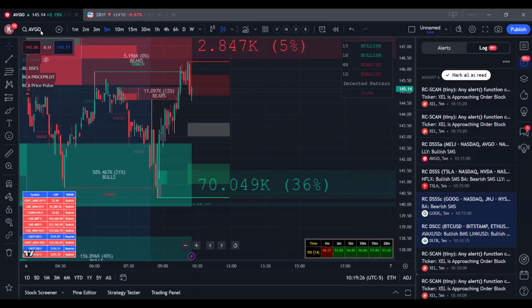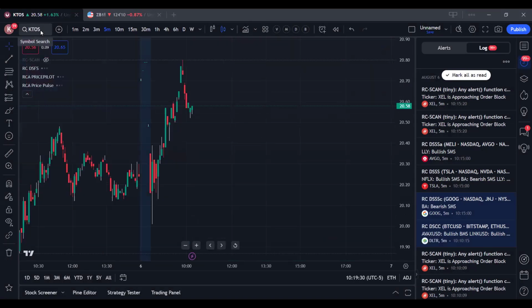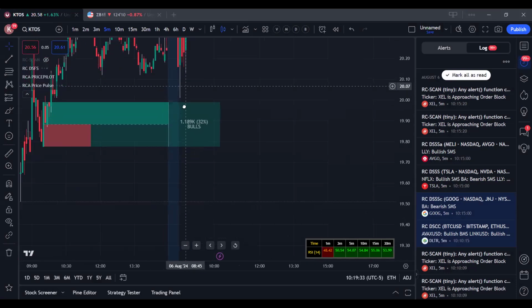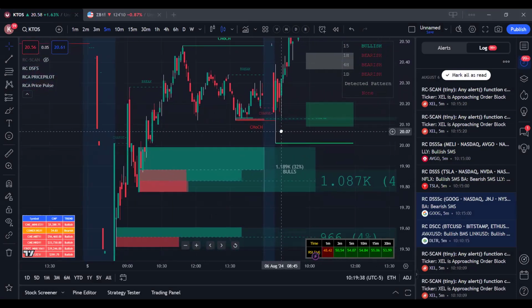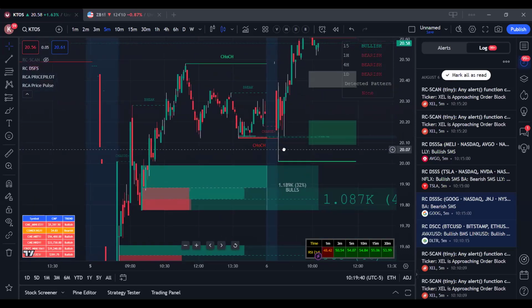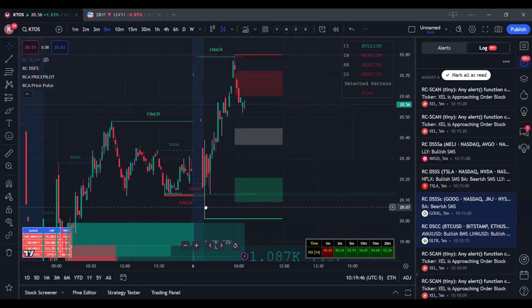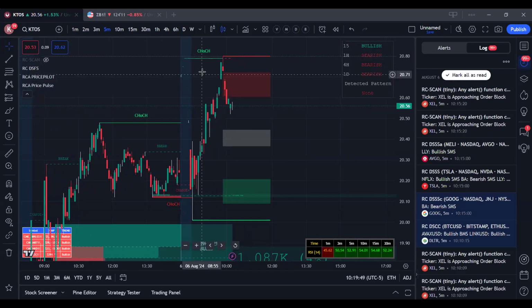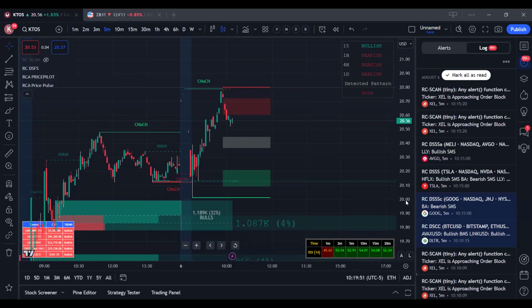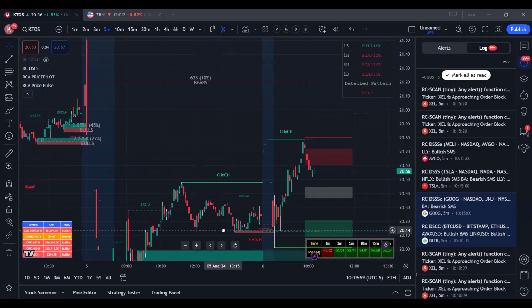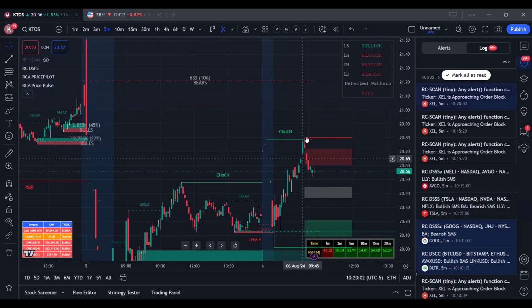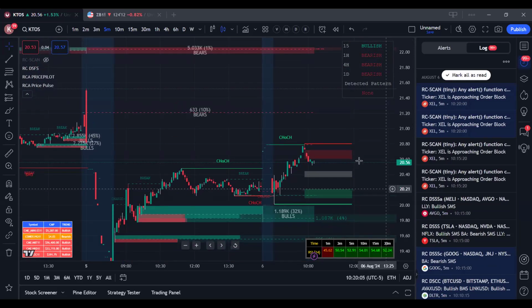CVNA, KTOS. KTOS went up. Again, this is also like a hedge in case tomorrow, on Wednesday, they announce the war. So this will act as a hedge. If there is any war news, this will go to 22 plus. I think yesterday we took somewhere around, it went a little down, but still it can go further up.